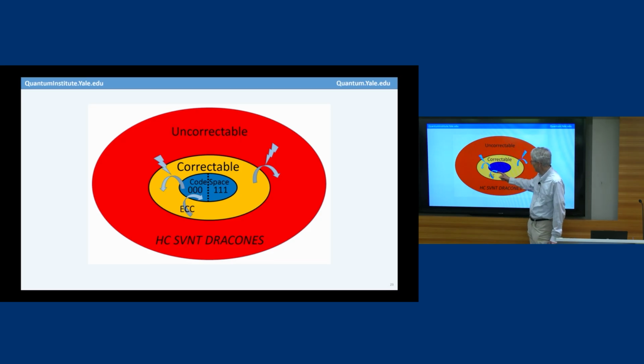So the error correction circuit's job is to put you back in the correct place that you came from. If it came from 000 and had 1 error, you should put it back there, not there. If there are 2 errors out here, then you're going to put it back and get the wrong thing.